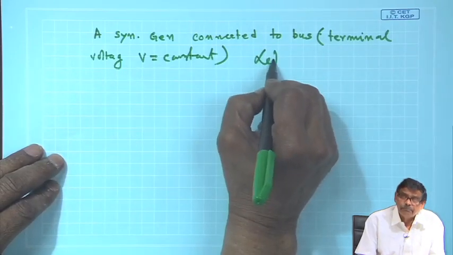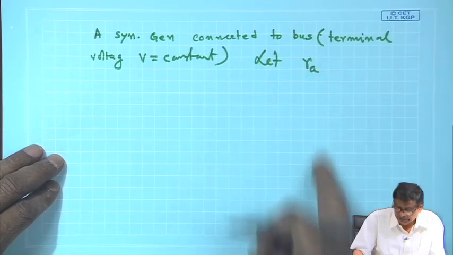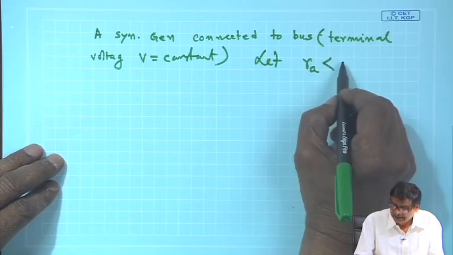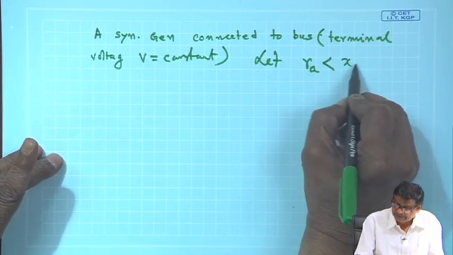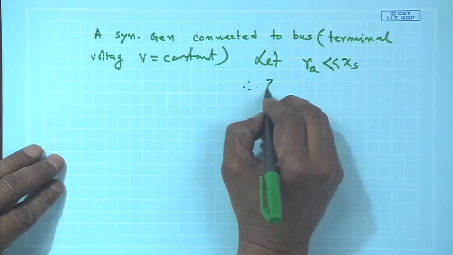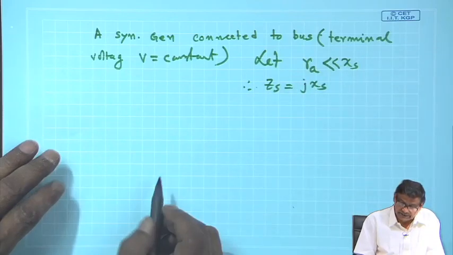For simple understanding of the phenomena that I am going to discuss, it will be much easier, because after all R_A is very small compared to X_S. Therefore, Z_S is equal to only jX_S, pure reactance.